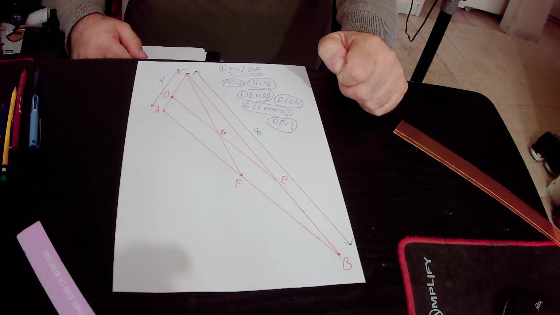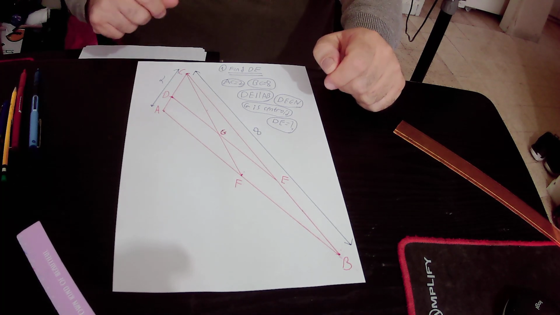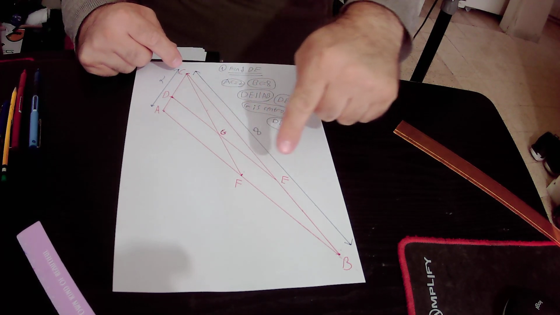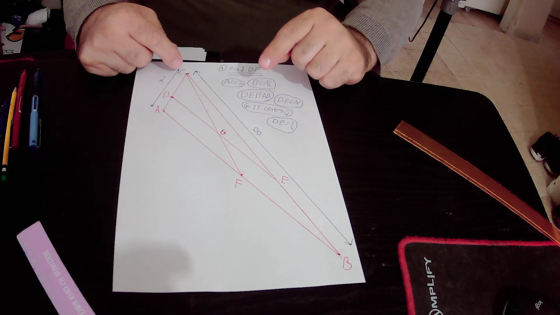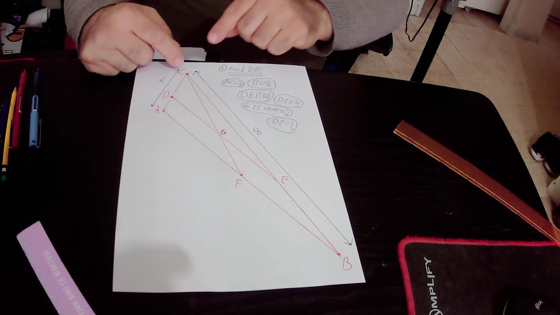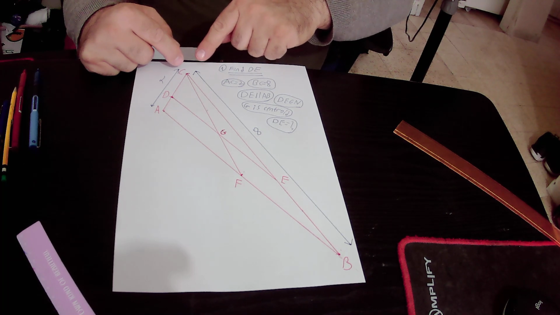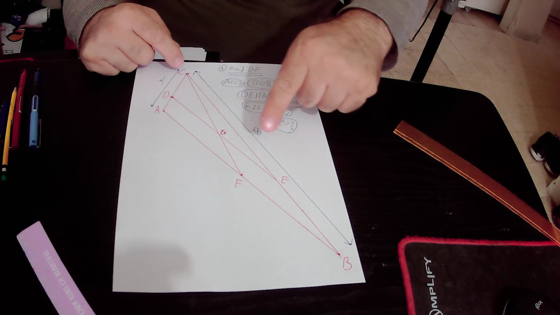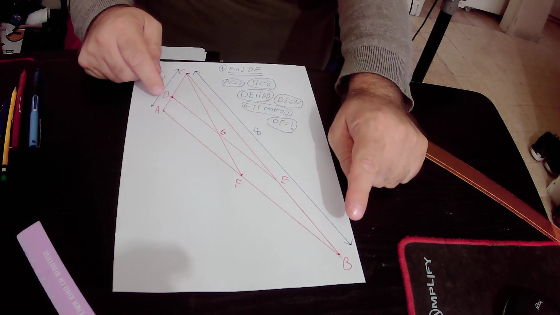And actually, the median of a triangle is, for example, CF is the median of triangle ABC. That is to say, CF is a line segment that exits from the vertex C of triangle ABC and bisects AB.